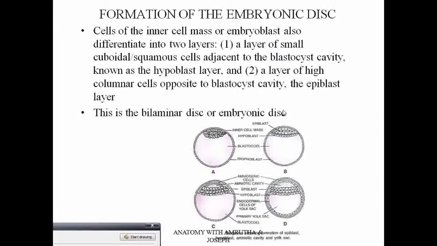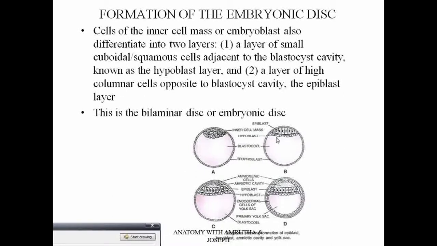Now let's see the formation of the embryonic disc. The cells of the inner cell mass of the embryoblast also differentiate into two layers. So here some differentiation of the embryoblast can be seen. A layer of cuboidal to squamous cells adjacent to the blastocyst cavity, known as the hypoblast layer, and a layer of columnar cells opposite to the blastocyst cavity, the epiblast layer.